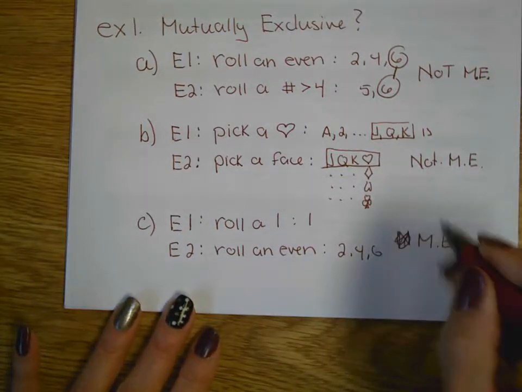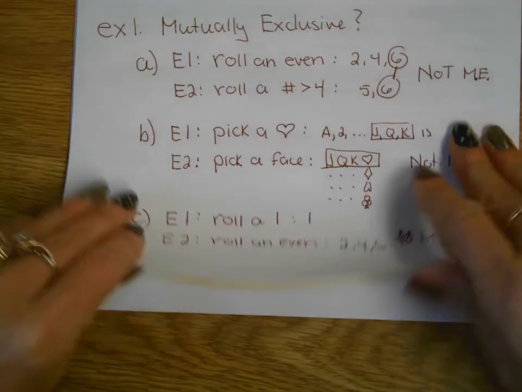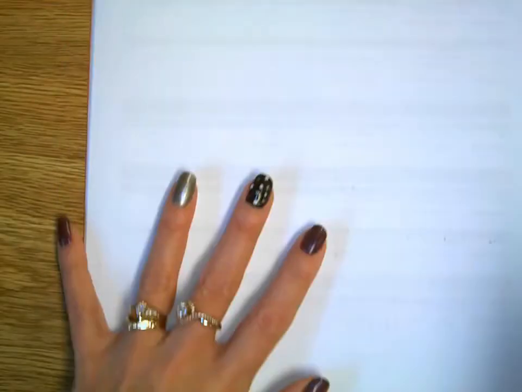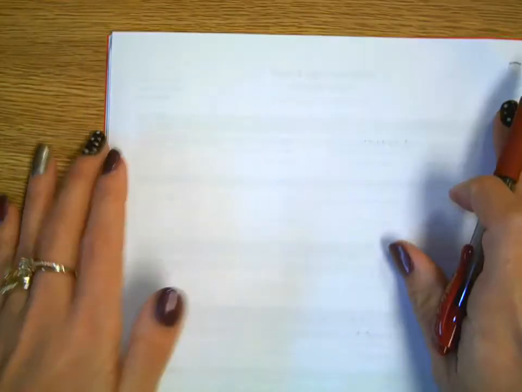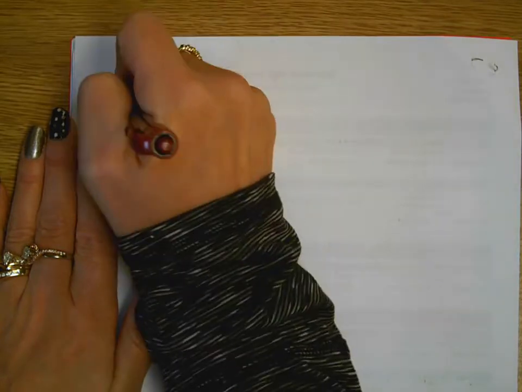So, you're going to see where this mutually exclusive comes into play with today's probability question. Today we're going to introduce the word or, the probability of A happening or B happening.